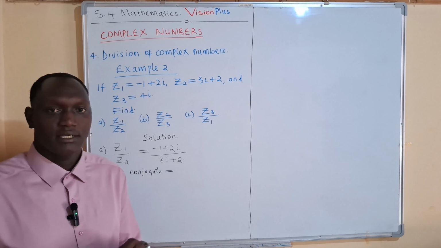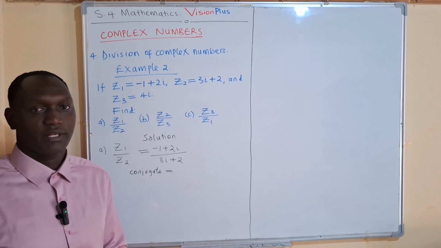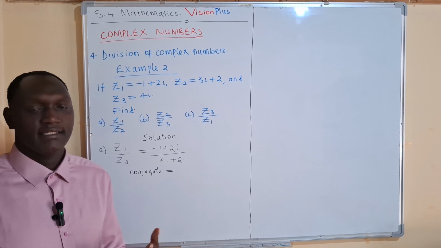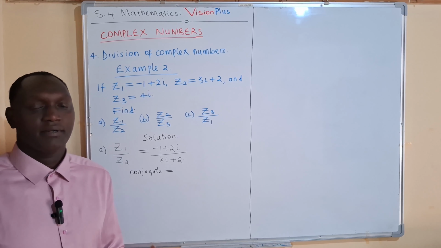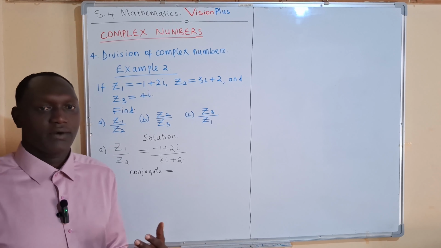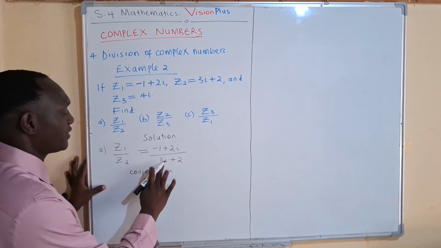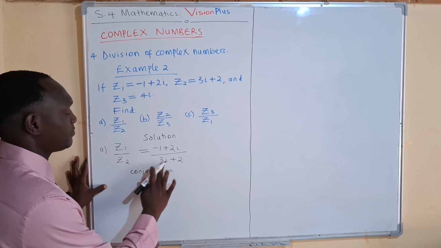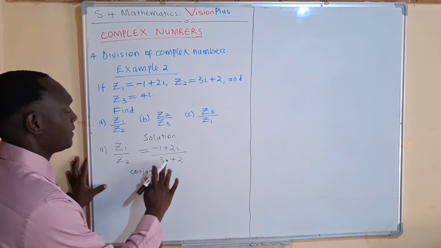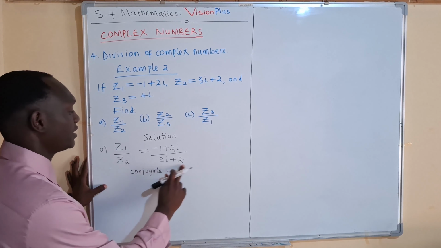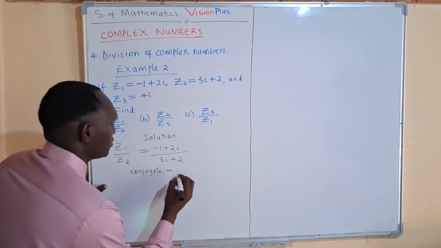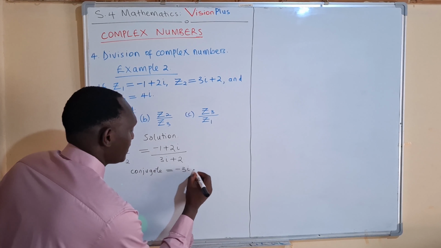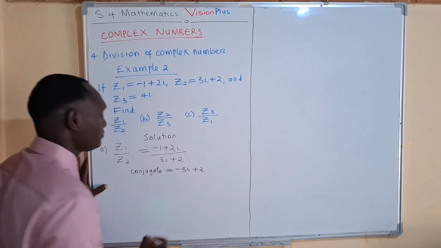For you to get the conjugate of any complex number, you just change the sign of the term carrying i. In other words, we change the sign of the imaginary part, which is here 3i. This is positive 3i. Remember, we are focusing on the denominator to get the conjugate. So the conjugate of the denominator becomes -3i plus 2.